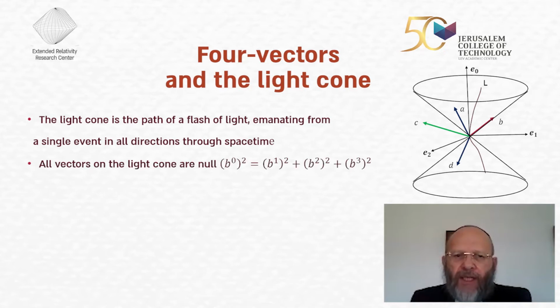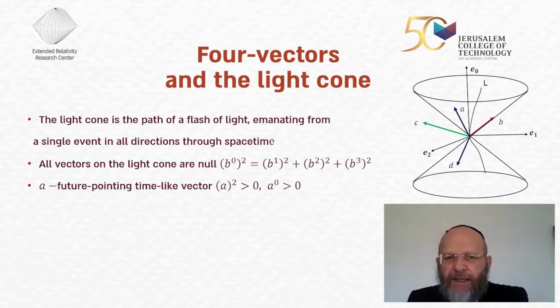And we have all vectors on the light cone. They satisfy that the metric, b0 squared minus this, is 0. That's exactly the condition that something propagates with the speed of light. Since light propagates with the speed of light, they all propagate on the light cone, and they have 0 length.